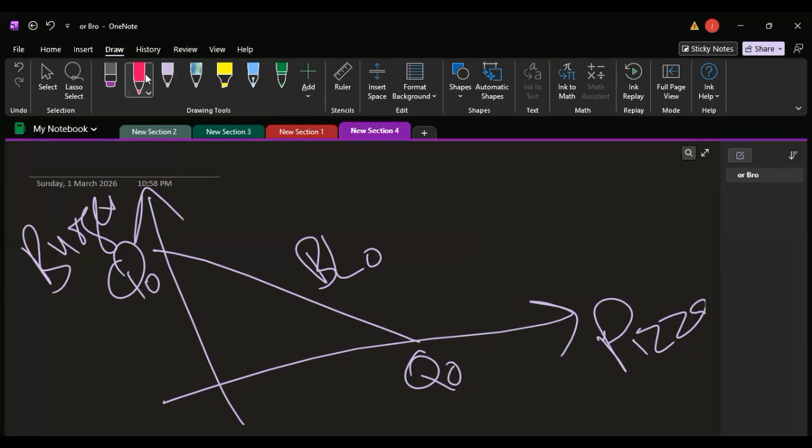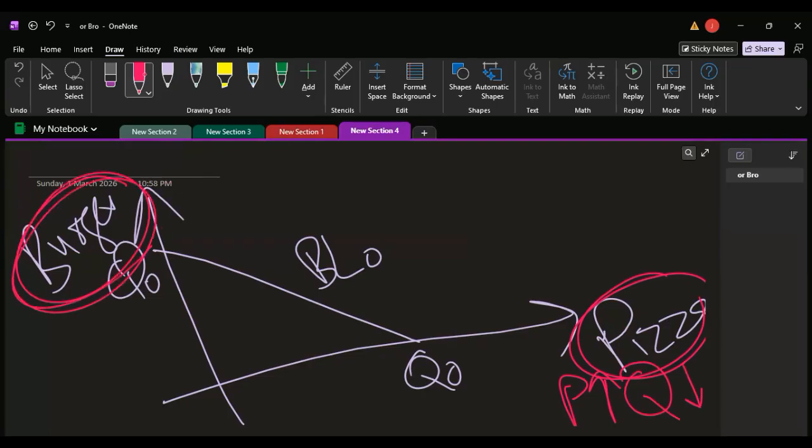Let's say there is a change in the price of pizzas. Let's say the pizza price has been increased, so the consumer will purchase a lesser quantity of pizzas and more budget will be invested towards the burgers.